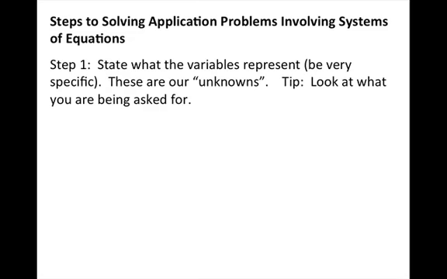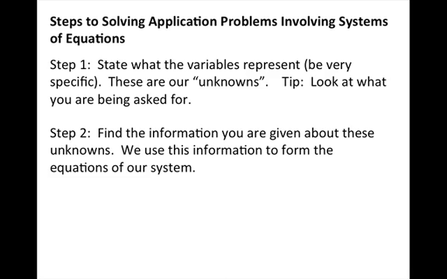The steps to solving a system of equations: Step 1 is always state what the variables represent and be as specific as possible. These are your unknowns, and this is generally what you're asked for in the problem. So a tip is to look at the last sentence and see what the problem is asking you for.